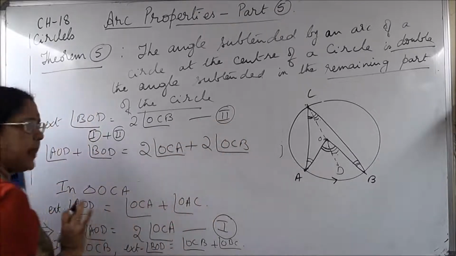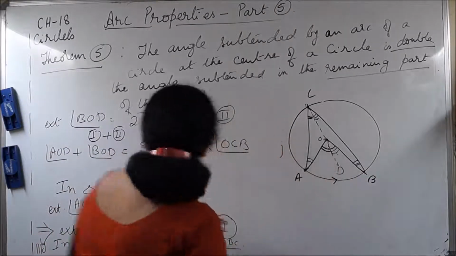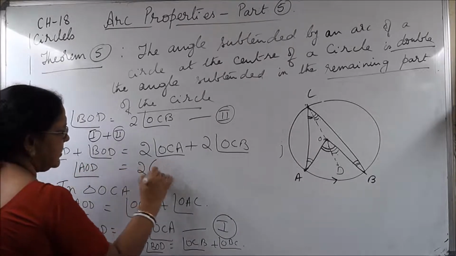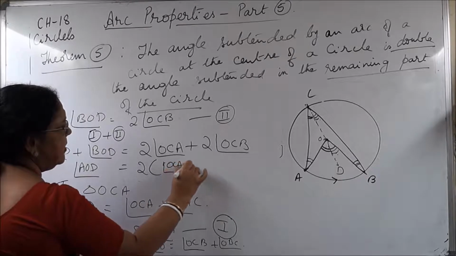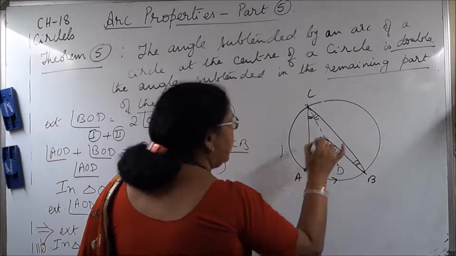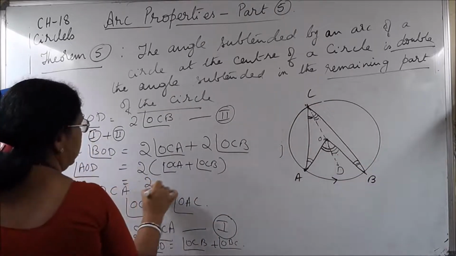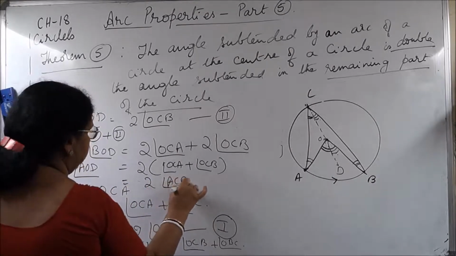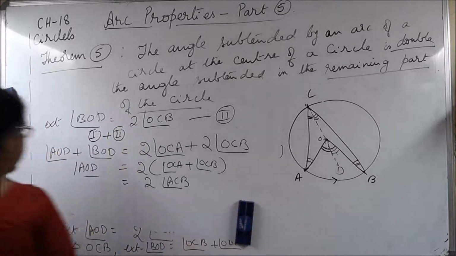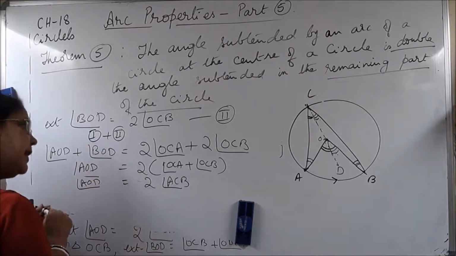That is twice angle OCA plus angle OCB, and angle OCA plus angle OCB is nothing but angle ACB. So that is equal to twice angle ACB. That is what we intended to prove: angle AOB is equal to twice angle ACB.